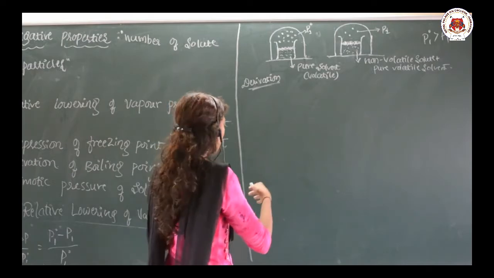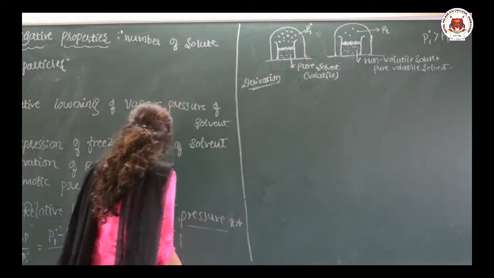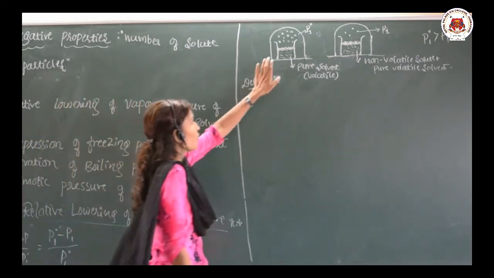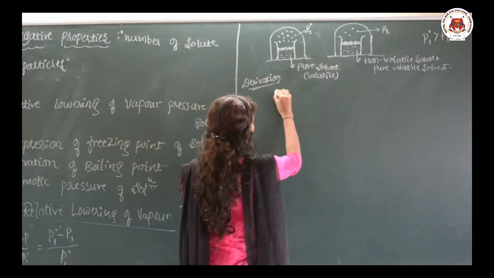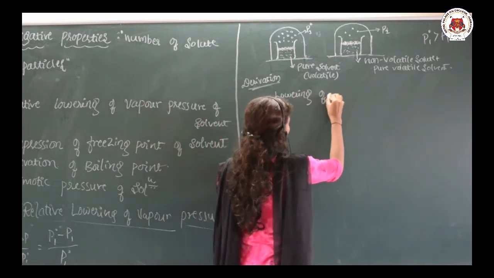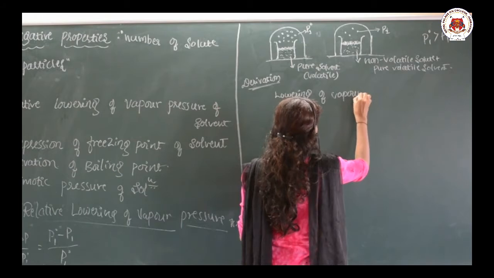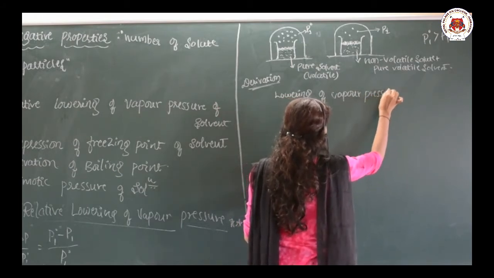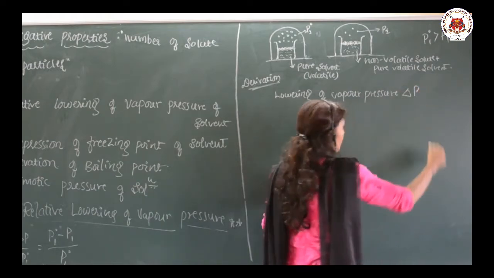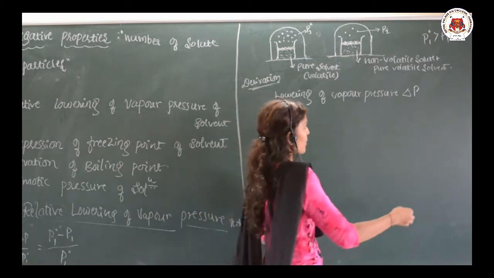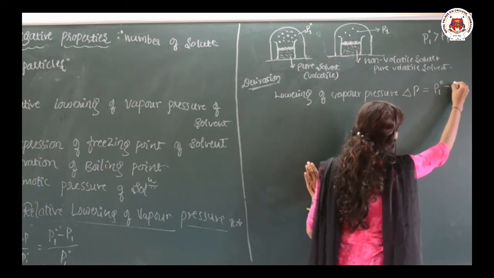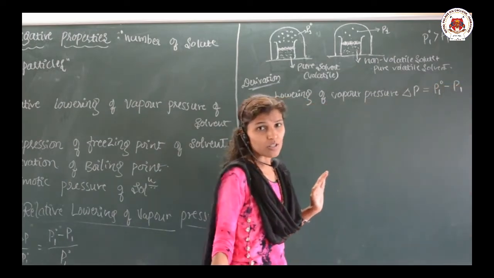Okay. So, let me go for the derivation of the relative lowering of the vapor pressure. Whatever we are looking at, we can say that the lowering of vapor pressure, which I am going to take as delta P, is delta P equals P1 naught minus P1.